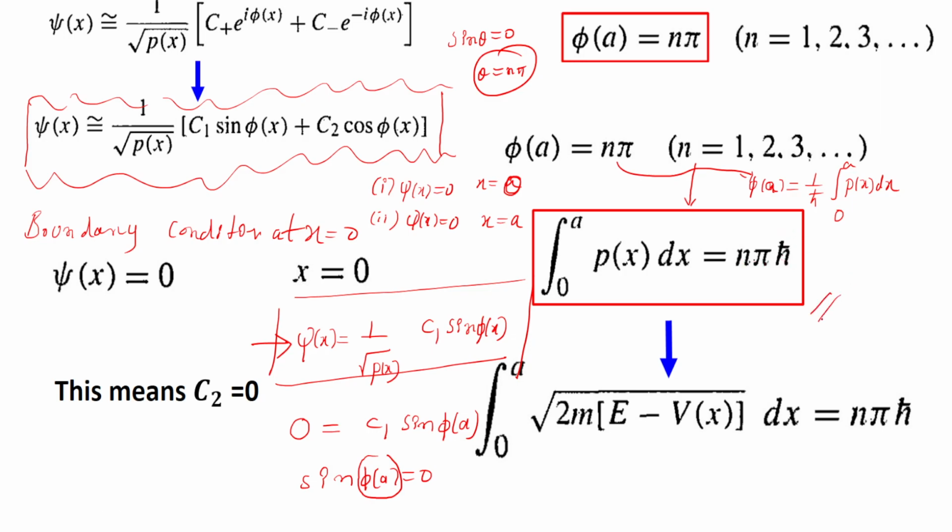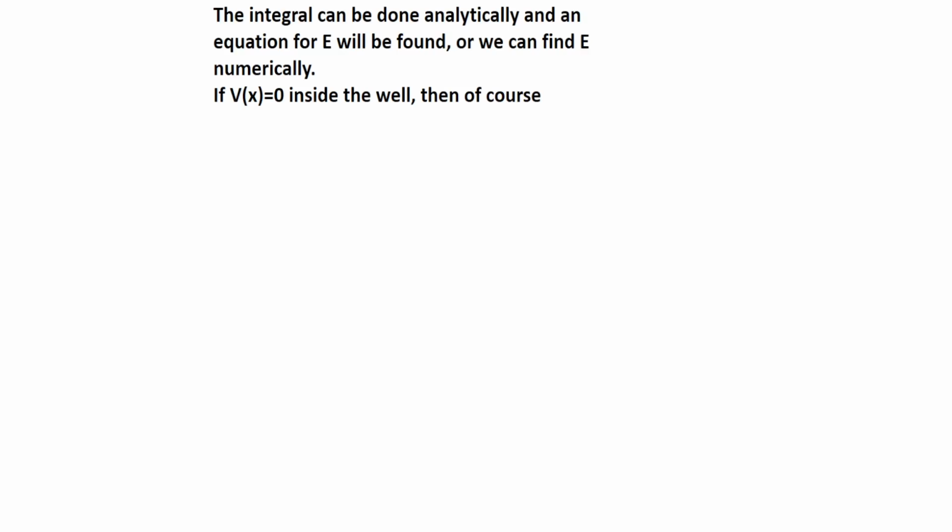So remember this one, also called the Sommerfeld quantization condition. Here the classical momentum is root of 2m times E minus V of x, and the integral equals n pi h cross. The E is unknown for each n. The integral can be done analytically and an equation for E will be found, or we can find E numerically.